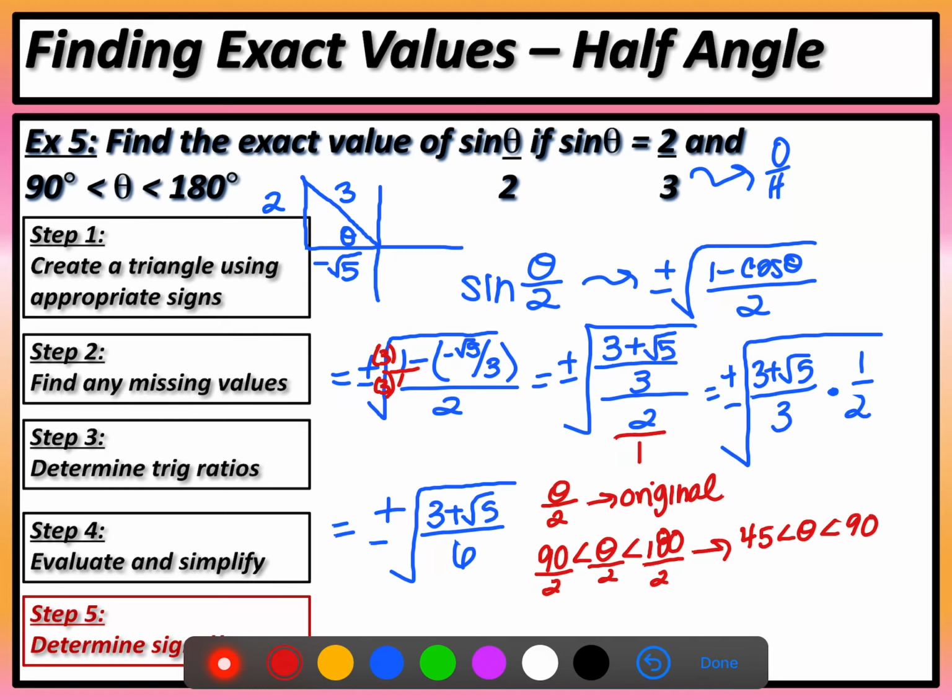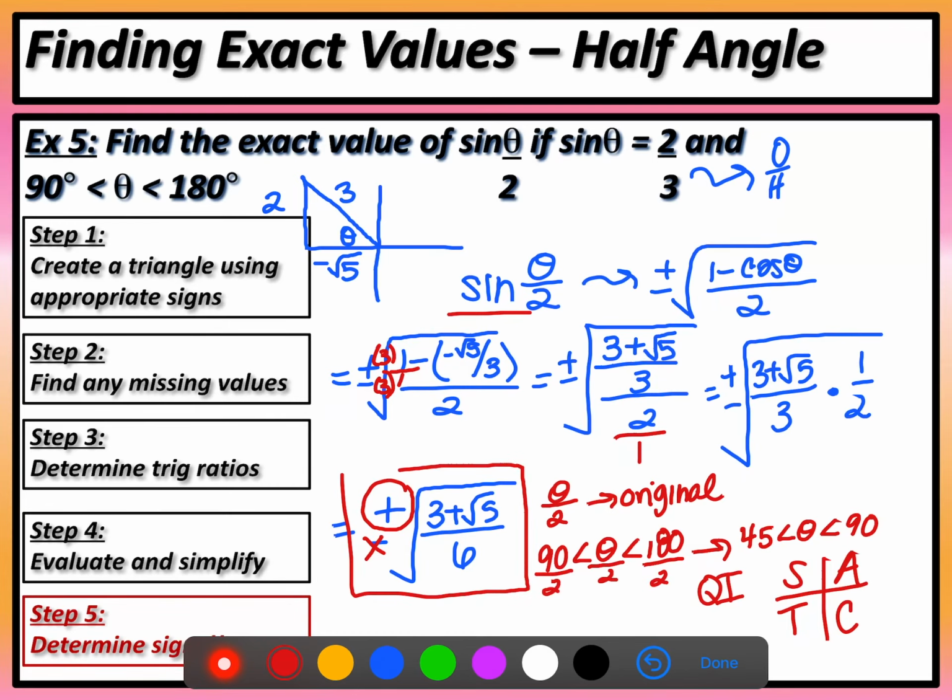So where is 45 to 90? That's quadrant 1. All students take calculus. So in quadrant 1, everything is positive. We're finding the sign here just for posterity, to know. But everything is positive. So we're going to take the plus of this whole expression, and that is going to be our final answer.